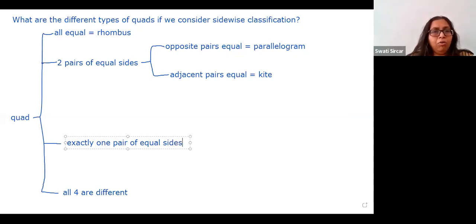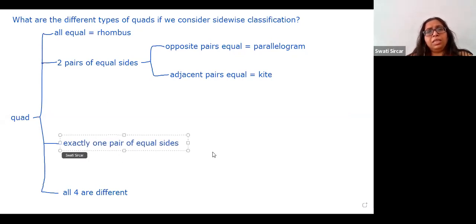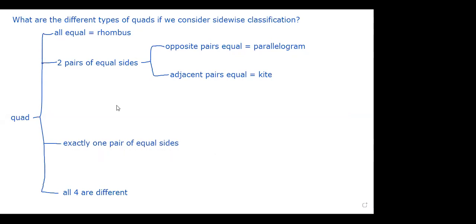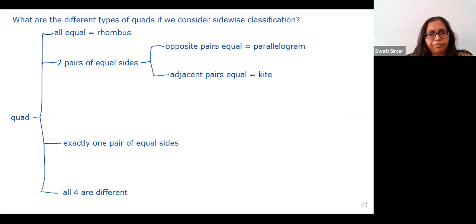Now, in this case, this pair of equal sides, what are the possibilities? Ma'am, adjacent, opposite. Yes. So we can again have those two branches of adjacent and opposite.